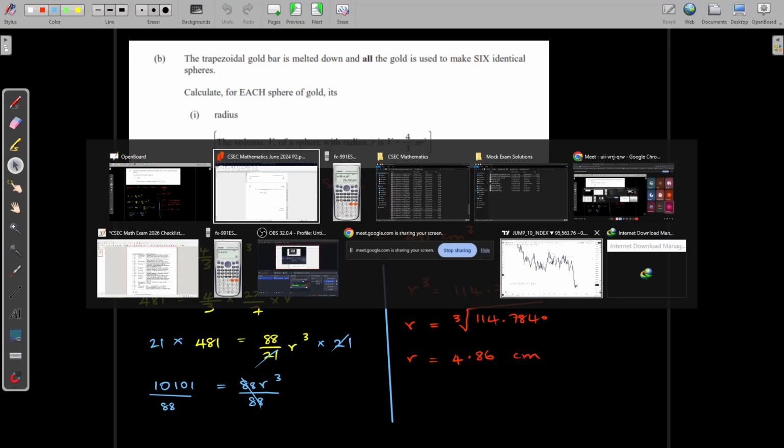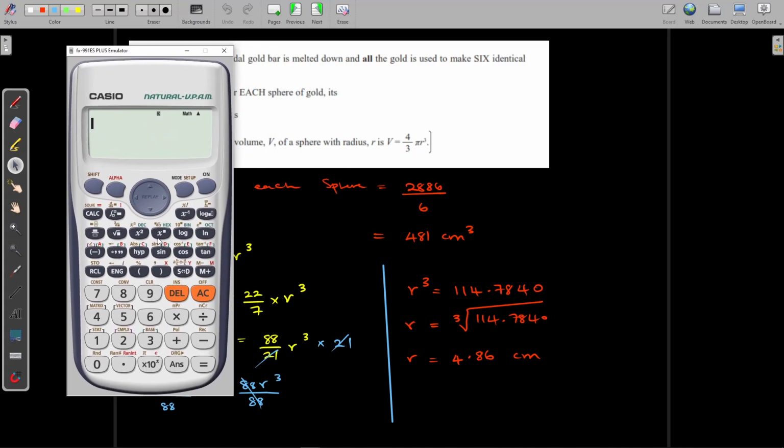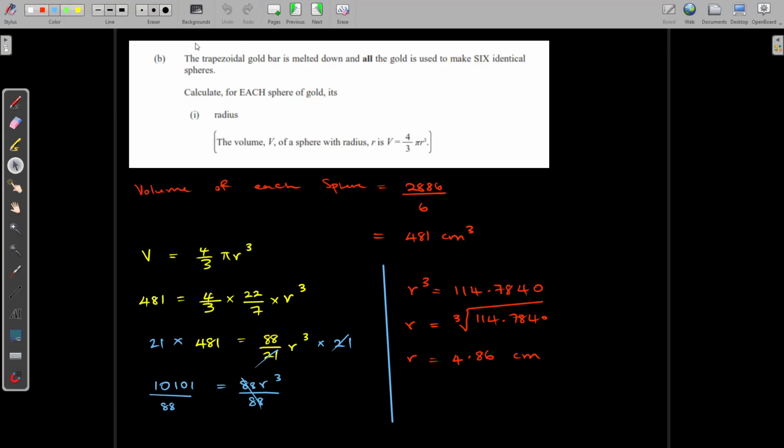So it's cube root. So the cube root of 114.7840. Good?